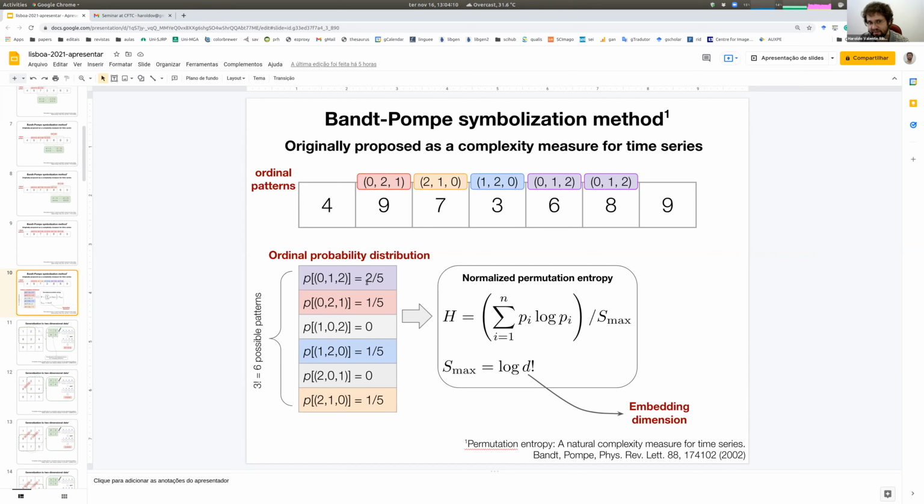So I think that's not a problem, that's just a feature of the approach. It will be telling you that this ordinal pattern indicates that your time series has a strong trend to increase. Okay. Thank you.